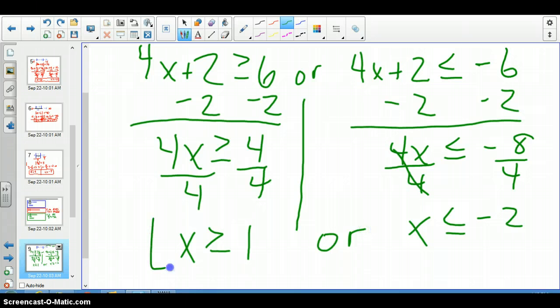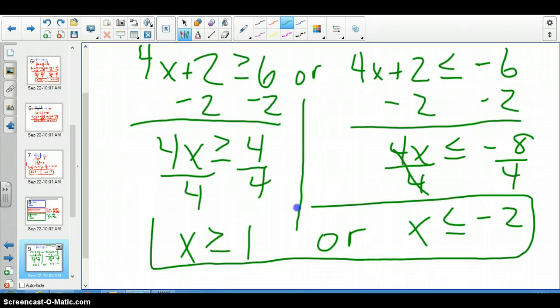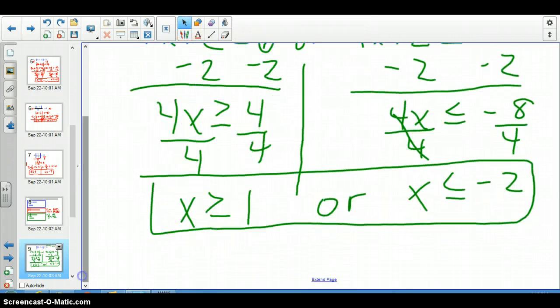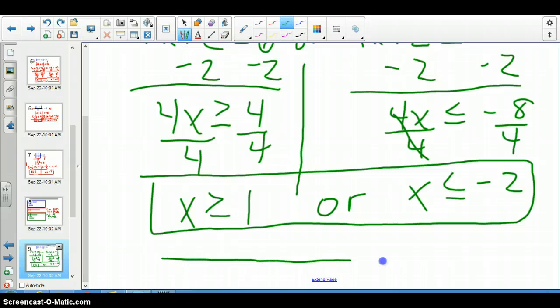Now make sure you put your statement in there. This was an or inequality. So now if I want to double check it, remember we talked about or inequalities, when we graph them, go away from each other. So I'm just going to make a short little graph here. Here's my starting point of 0. So x is greater than or equal to 1.